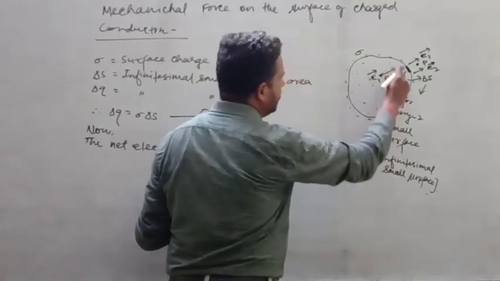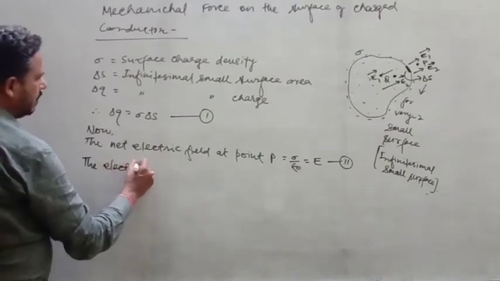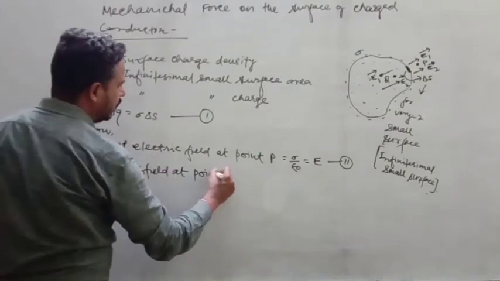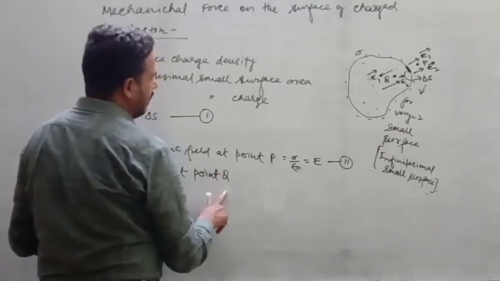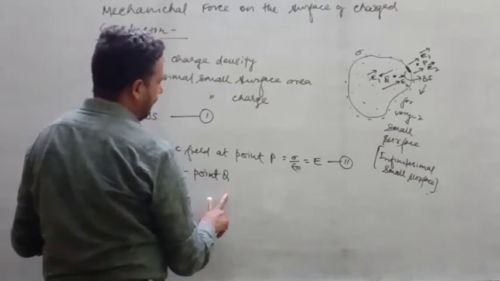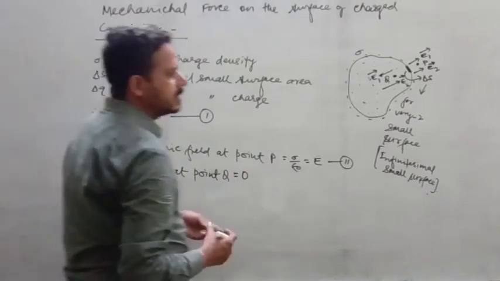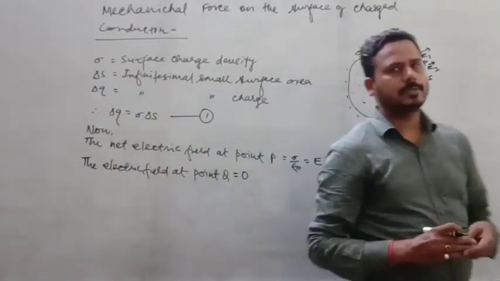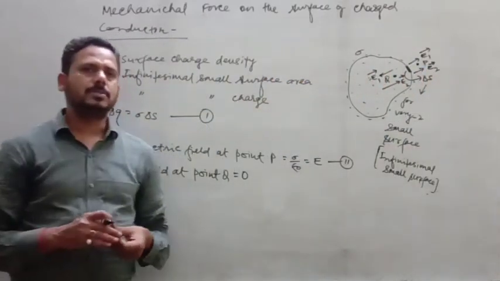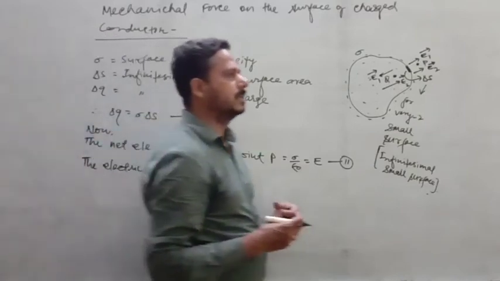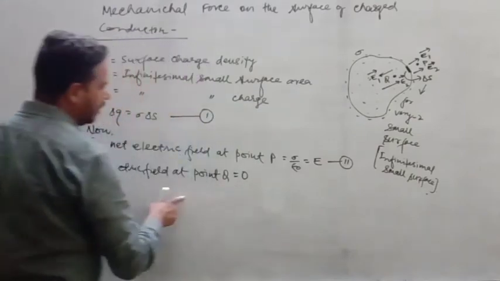First I want to calculate the electric field at point Q. It is equal to 0, because inside the conductor the sum of field lines is always 0 due to the vector sum.